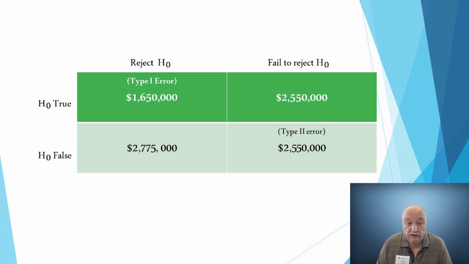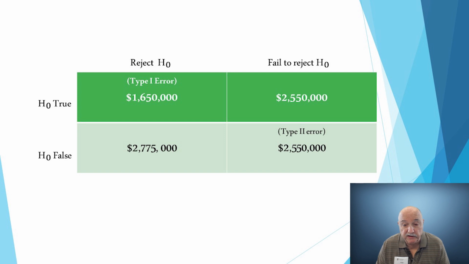What if the null hypothesis is false? Well, if the null hypothesis is false and you reject it, you're making a profit of $2,775,000. If you fail to reject the null hypothesis when it's false, you've committed a type 2 error, and that has a profit associated with it of $2,550,000.